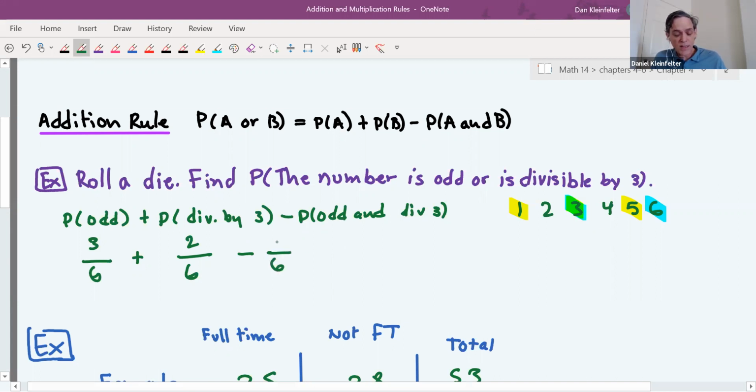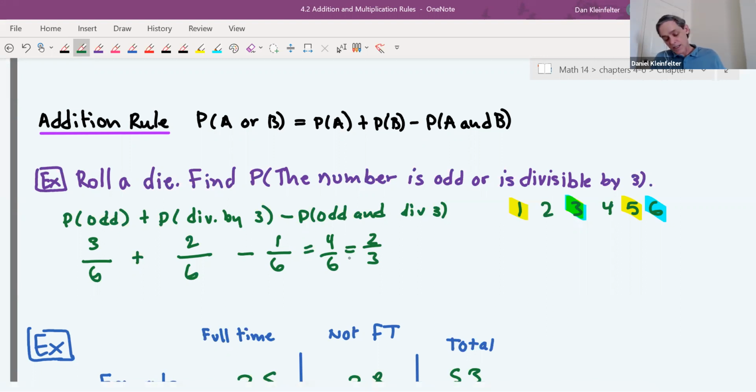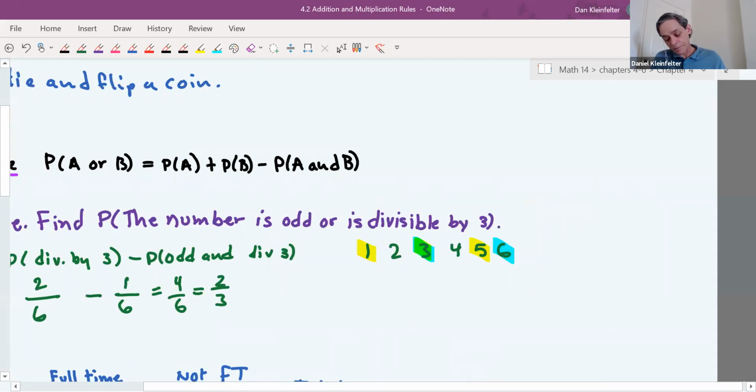The number that is odd and divisible by 3 is just that one number, 3. So we have 3/6 plus 2/6, that's 5/6, minus 1/6 is 4/6, and that of course reduces to 2/3. So overall, there is a 2/3 chance that we get a number that is odd or divisible by 3.